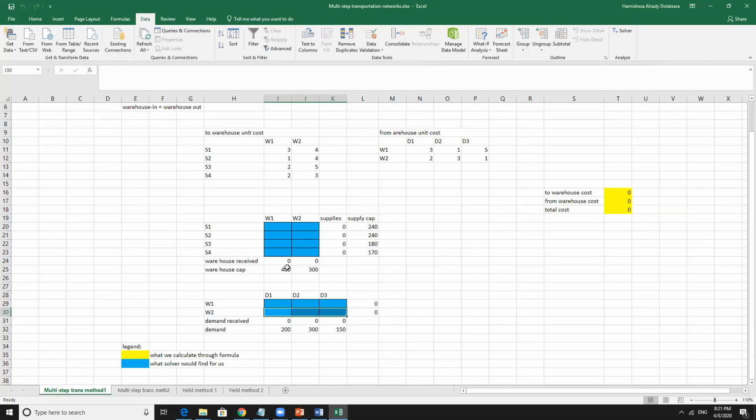In the earlier table, we have S and W. S means the goods that you send from a supplier to the warehouse. So the row sum is basically how much you take from each supplier, and the column sums are how many goods you deliver to each warehouse.